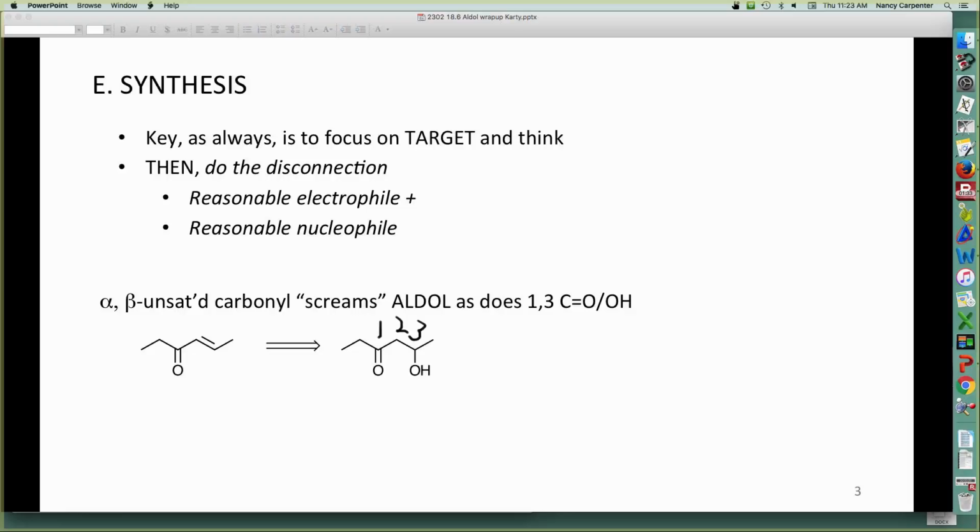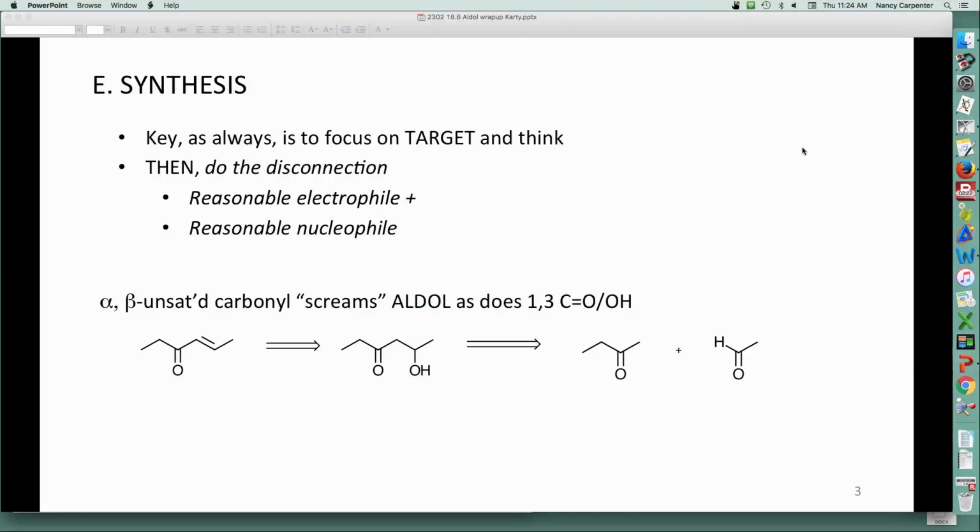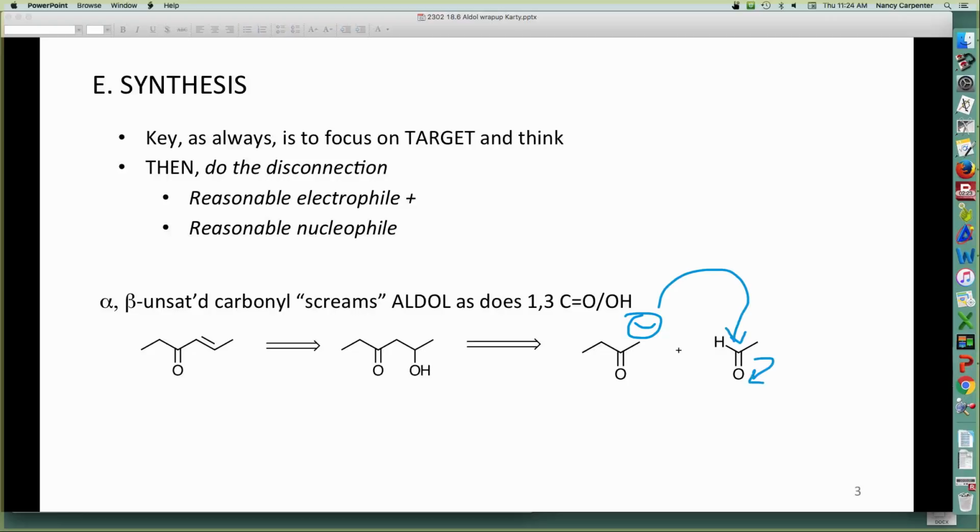When I look at that 1,3 relationship here, I know that if I push my lone pair back in here and push that pair of electrons back into that carbon, quite clearly I have an enolate that can add to an electrophile. So, looking at it from the forward direction, these two react to make an aldol that has not dehydrated.